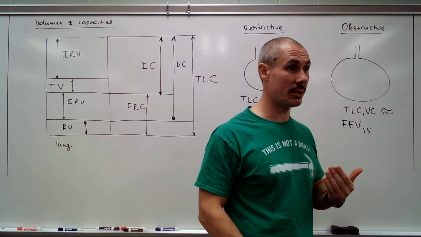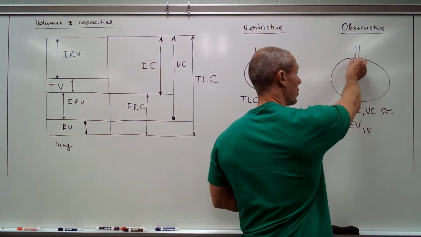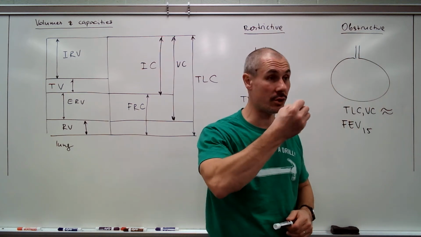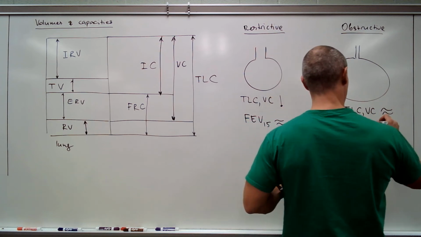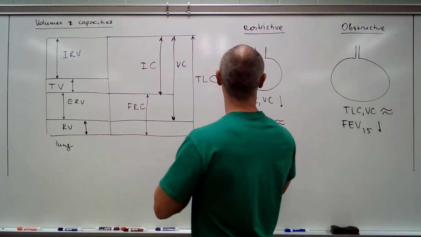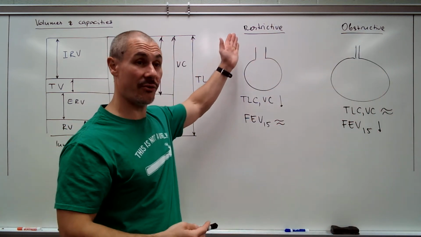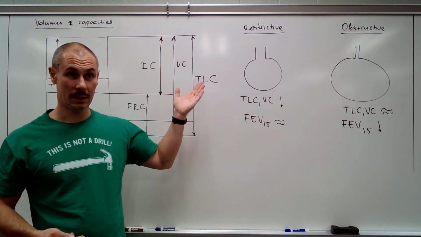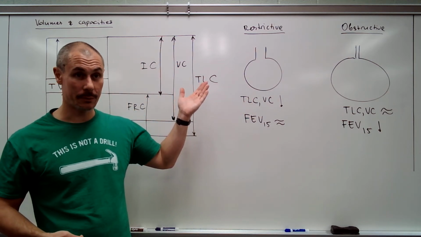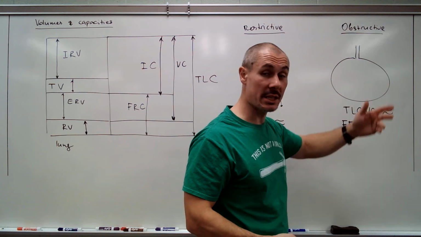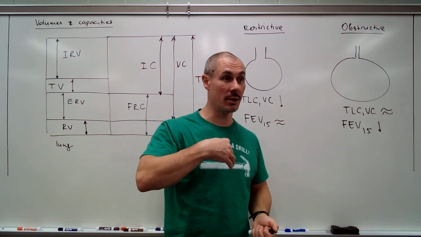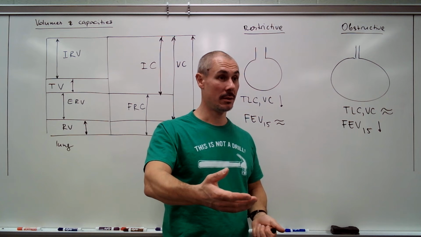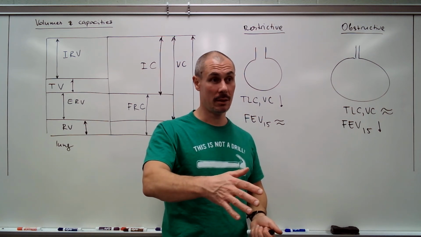Does that make sense? Because your driveway, your respiratory passages, are so constricted. You see what I'm saying? So essentially, restrictive diseases affect the volume that you can get in and out. Obstructive diseases affect the rate at which you can bring air in or get it out. Are you following me?